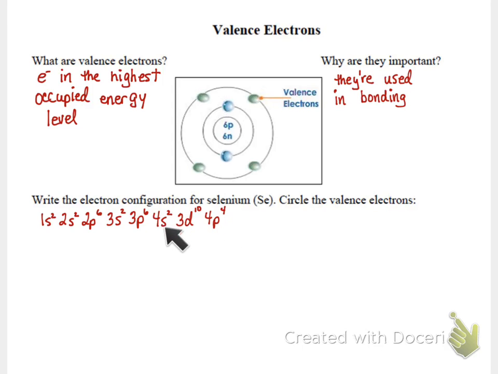But the electrons in the fourth, which are 4s2, 4p4, those are the valence electrons. So selenium has 6 valence electrons. The 3d10, third energy level, not the highest, not valence electrons. So just the s and the p electrons are going to be valence electrons. And that's true in every element.